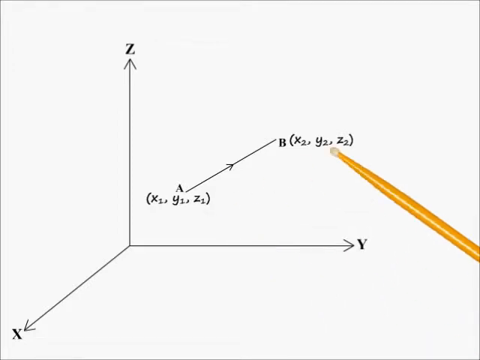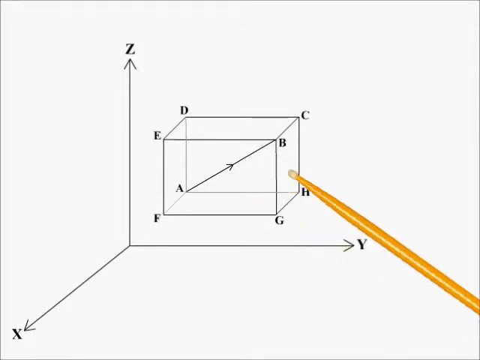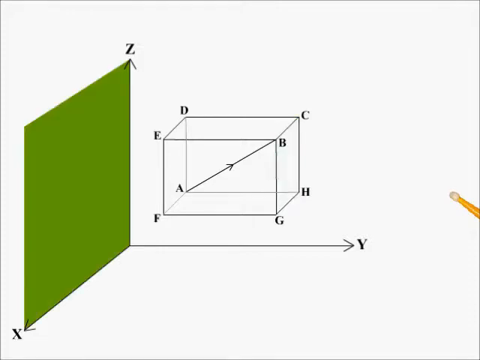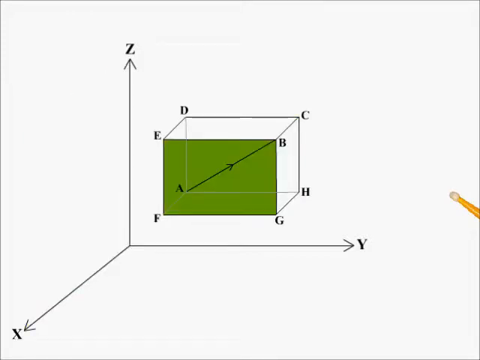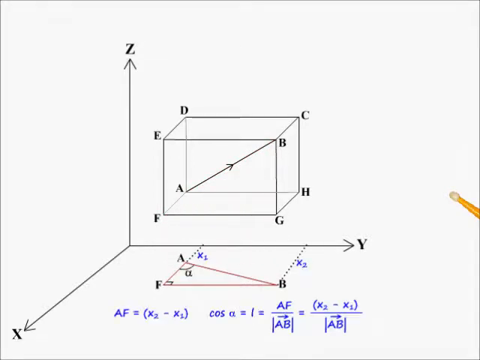Now we have to draw a cuboid making AB the diagonal of the cuboid, with faces AFED and GHCB parallel to the XZ plane, faces FGBE and AHCD parallel to the YZ plane, and faces EDCB and FAHG parallel to the XY plane. Now bring triangle AFB outside like this.